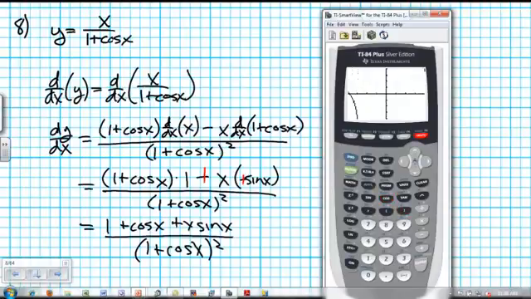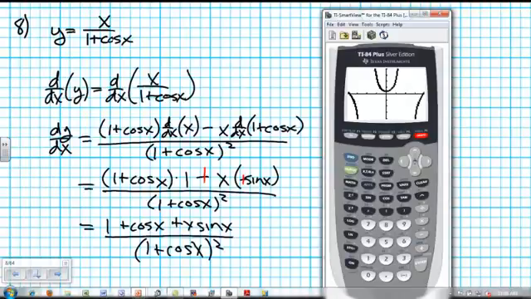Let's see if that makes a difference. So there's what I think the derivative function looks like. And there's what nderiv gives as the derivative function, and we get overlap. So we must have gotten that right. I just must have keyed it in wrong.